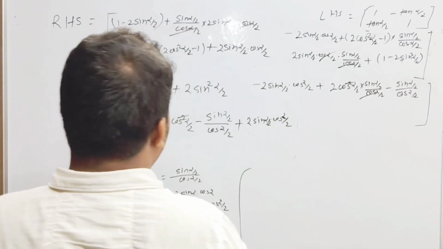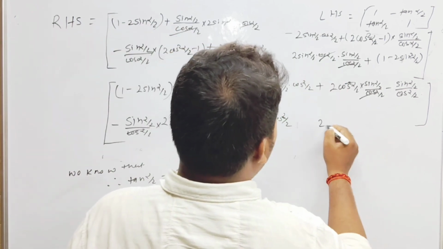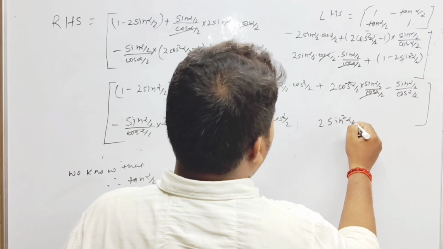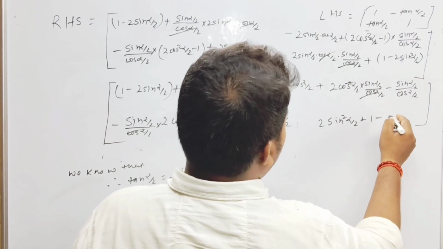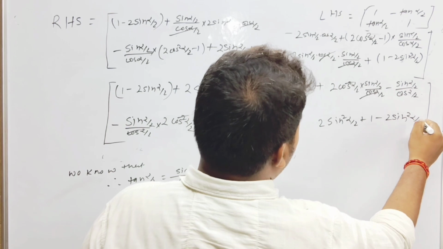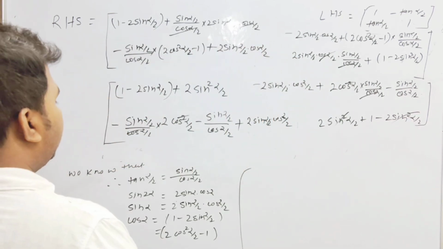Okay, then this is 2 sin square alpha by 2 plus 1 minus 2 sin square alpha by 2. This cuts.